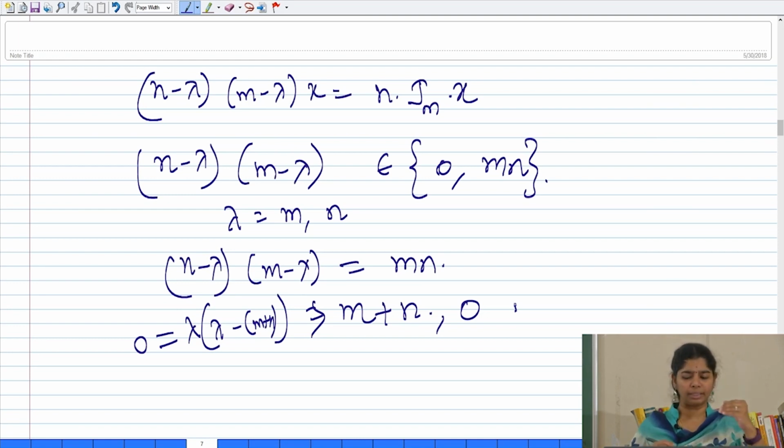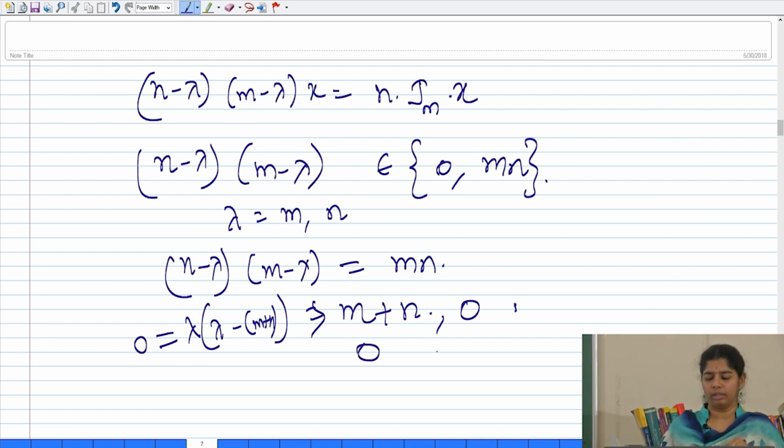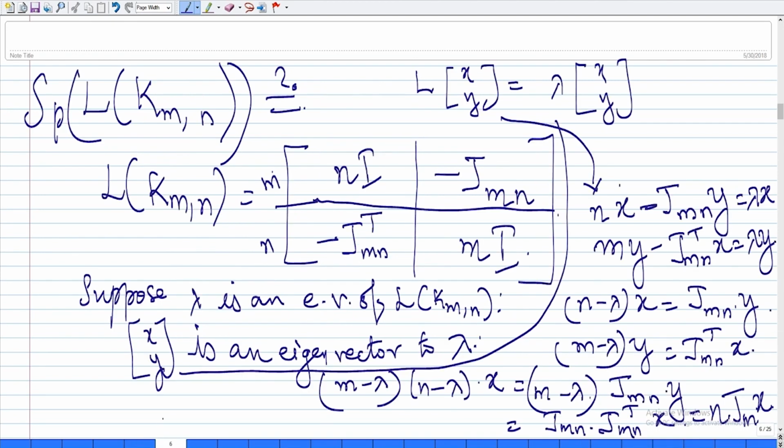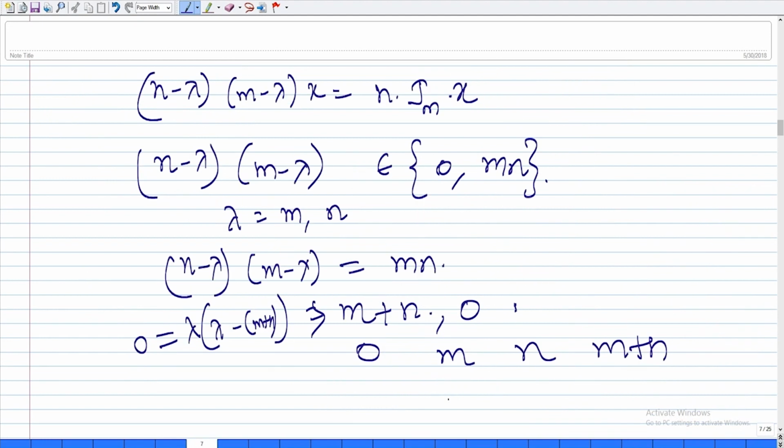Now counting the multiplicities, what would be the multiplicities? We will go back to our thing here. If m is an eigenvalue, with what multiplicity should it be occurring? The eigenvalue m can be part of the first block, so from there we can see that this would occur n times, and 0 occurs one time and m plus n occurs one time.